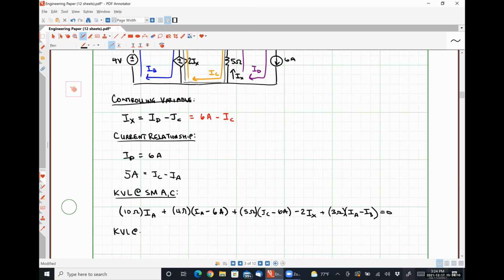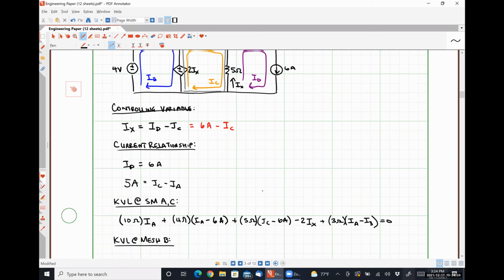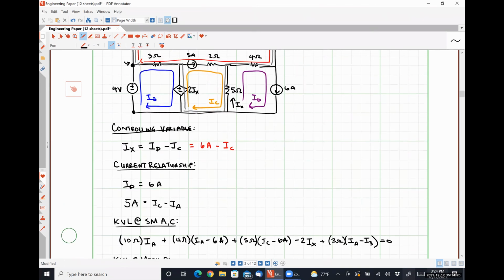All right, so moving right along, KVL at mesh B. Hayden, what should be my first term? Negative 4 volts, right?